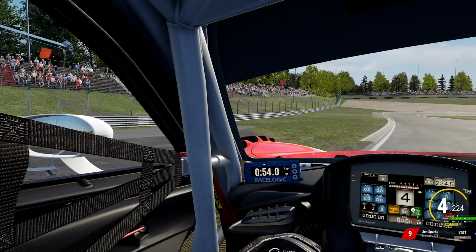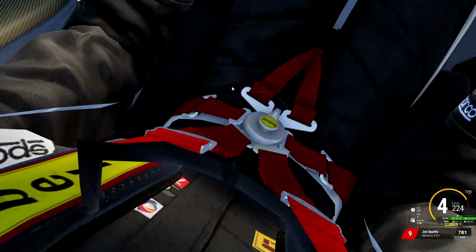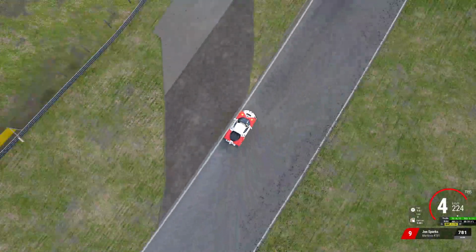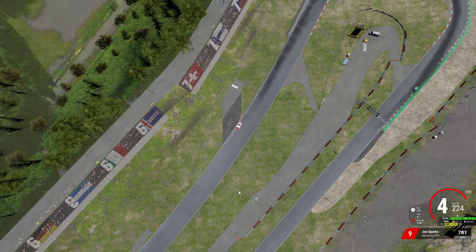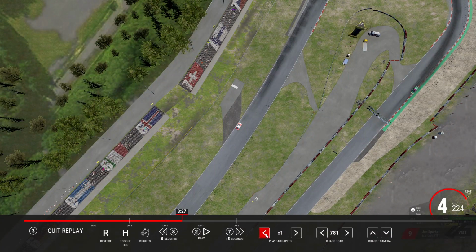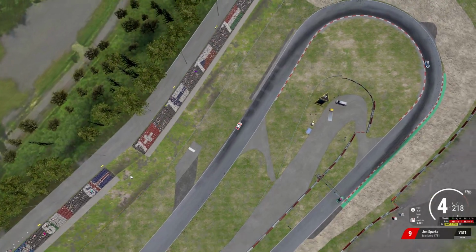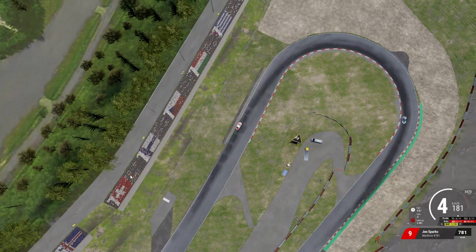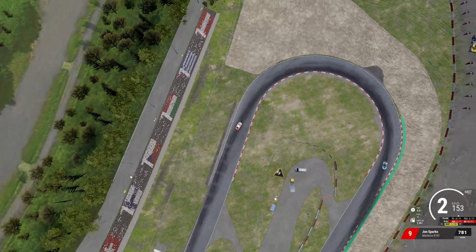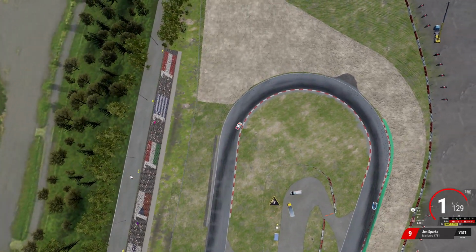Same line that you're taking, but look how my inputs are different.